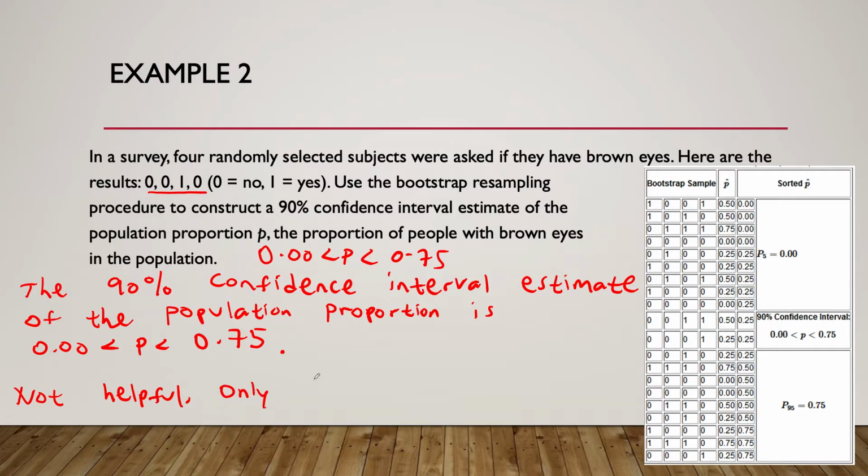I know it said this is a random sample, so that was fine, but there's only 4 here. And because of such a small sample, it's not going to be really too helpful, unfortunately. And as you can tell, this is a very big confidence interval for 90%. Between 0 and 0.75, that's almost the entire range to begin with.